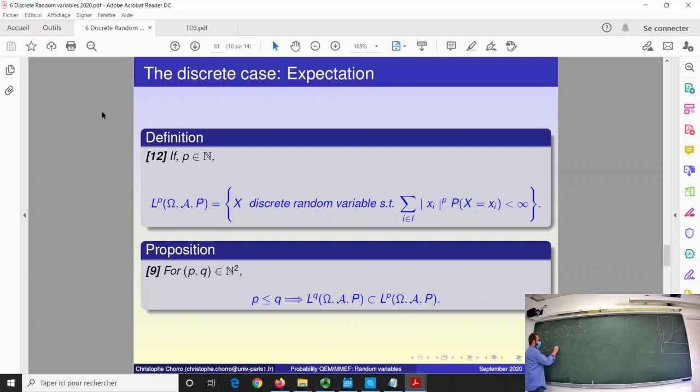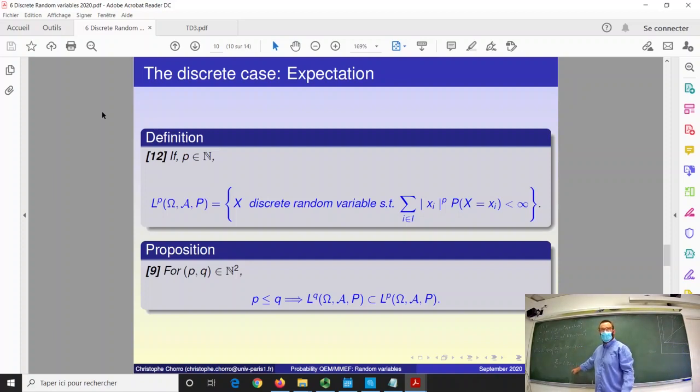So what I have to prove is that the sum over i of |xi|^q P(X = xi) finite implies the sum over i belonging to I of |xi|^p P(X = xi) finite. This is my job. If I want to prove proposition 9, I have to prove that if I am in Lq, I am in Lp, meaning that if this sum is finite, this one is.